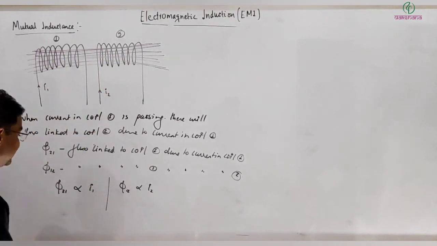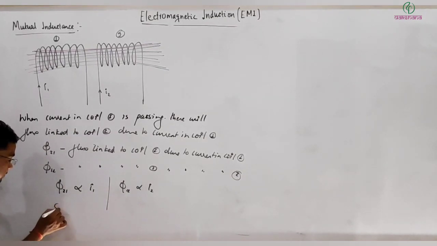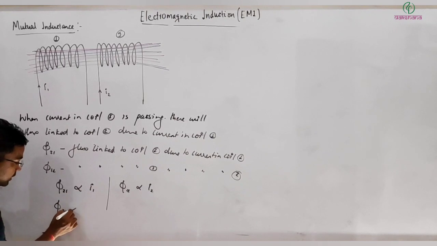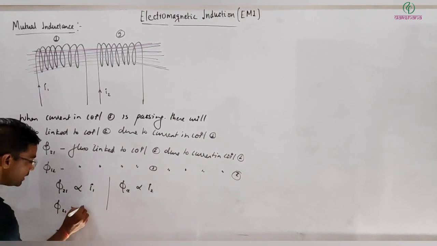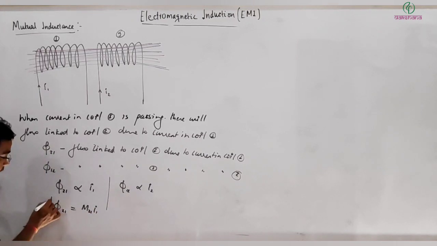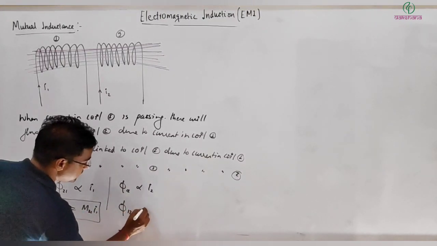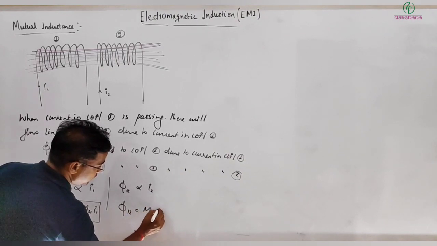Getting it? And if I remove this proportionality, then phi 2 1 is equal to M21 into I1. And similarly, here I can write phi 1 2 is equal to M12 into I2.